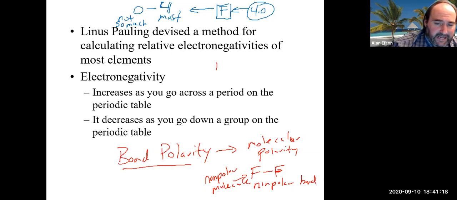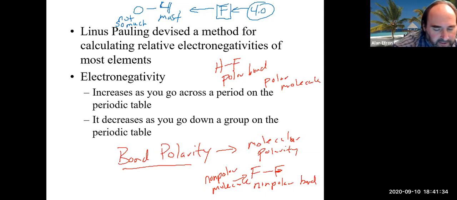While if we looked at the HF like we did, we saw that this is a polar bond. Because that's the only bond in the entire molecule and it's polar, this molecule would also have to be a polar molecule.